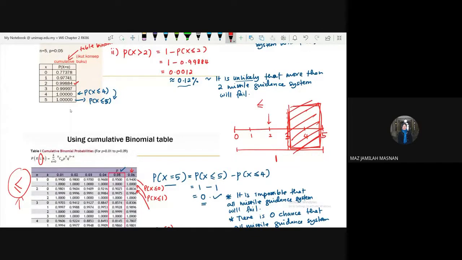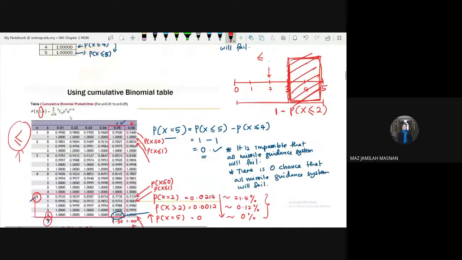So if we are looking for this answer, we can use this sign. How? By taking the whole probability, 1, minus the probability of your X which is less than or equal to, because we are talking about less than 3. So it will begin with 2, exactly less than or equal to 2.